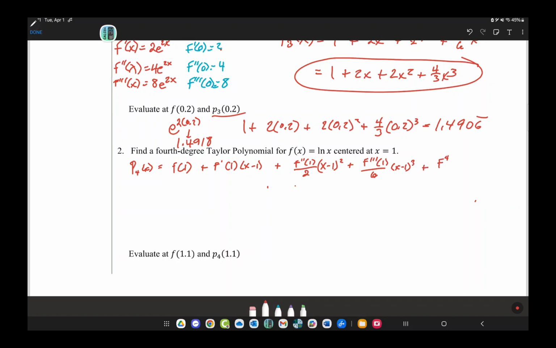You can put the fourth derivative notation if you want, but it gets real messy. Anything after 3 is just a number, 4, 5, 6.